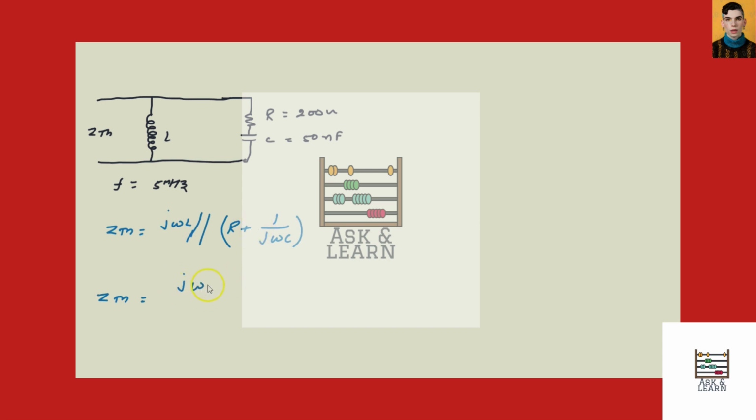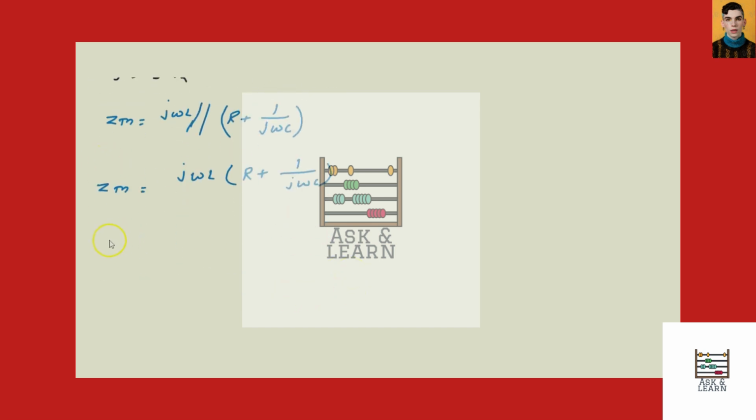Then it is j omega L times R plus 1 upon j omega C, upon A plus B, which is R plus j omega L plus 1 upon j omega C. Calculating this function gives j omega R L plus, by cancelling j omega with j omega, L upon C, upon R plus j, taking j common, omega L minus 1 upon omega C.